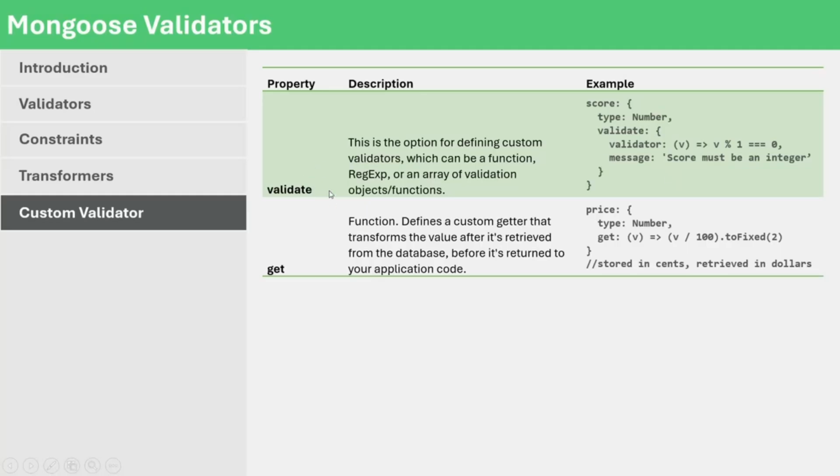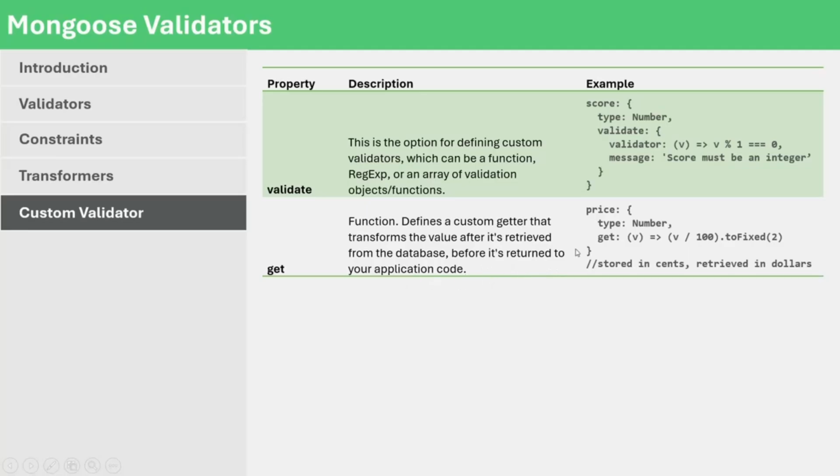Now, just like validate, we also have a get option. Now this get, to this we assign a function. And using this get option, we can define a custom getter that transforms the value after it is retrieved from the database and before it is returned to your application code.